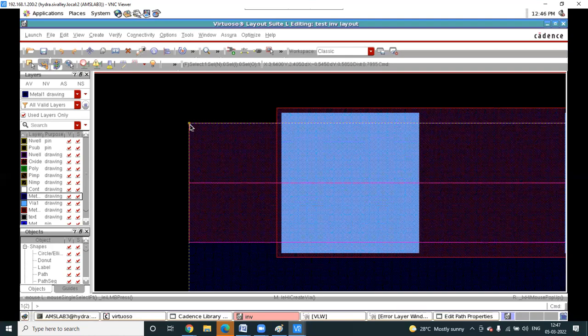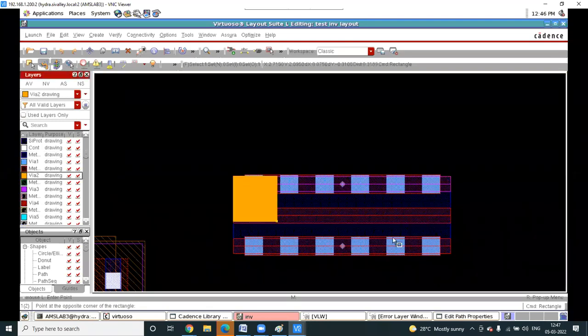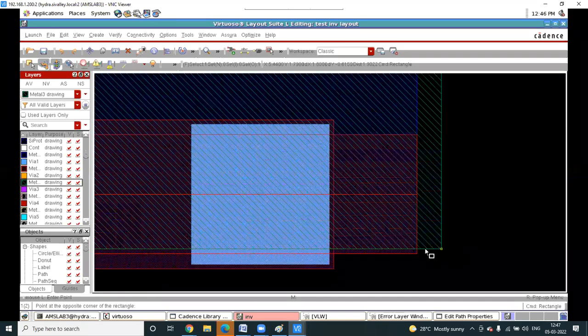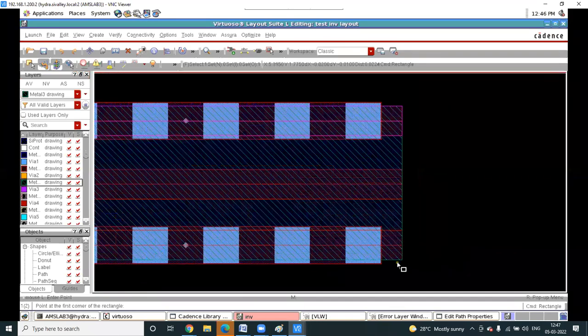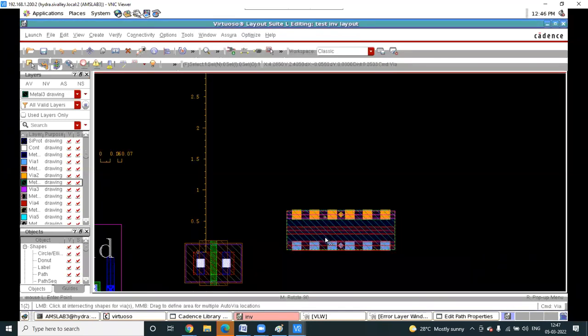This is like protecting all sides. Use auto via. See, all sides are protected. This is your actual signal.